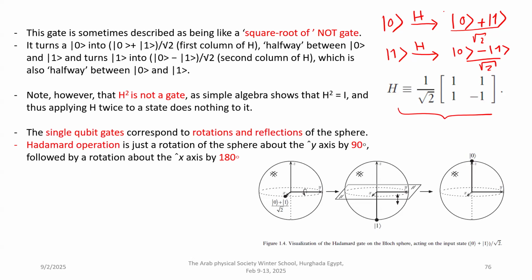One of the very important things that we would like to talk about is that single qubit gates make rotations and reflections in the Bloch sphere.